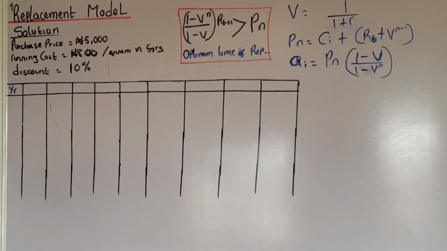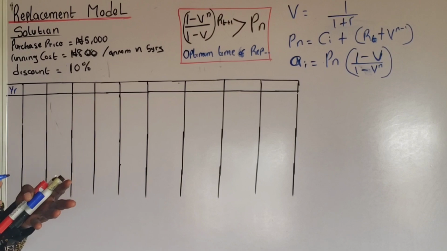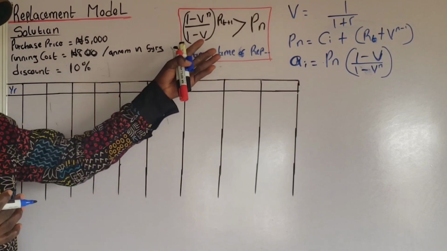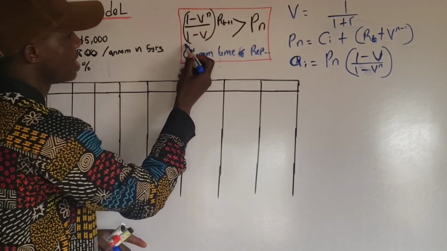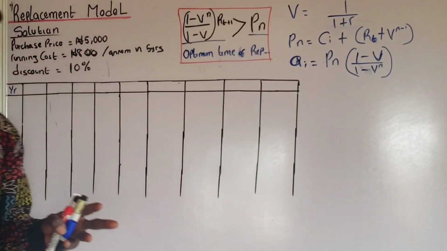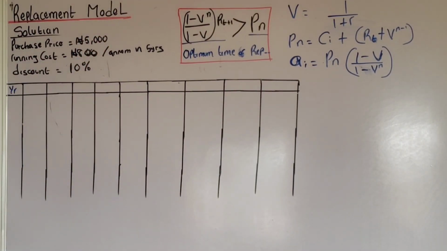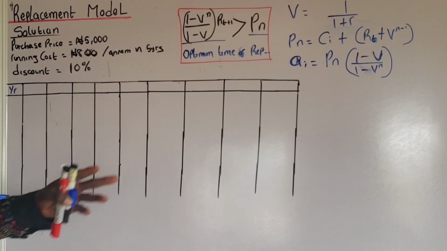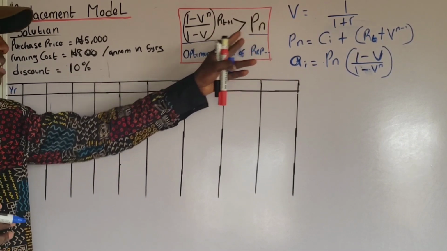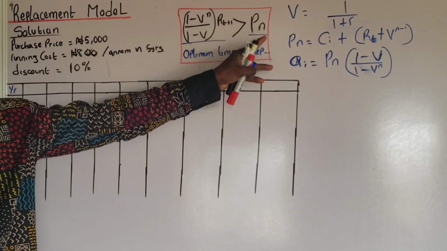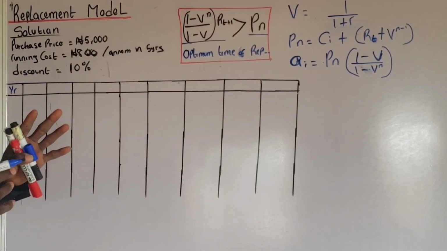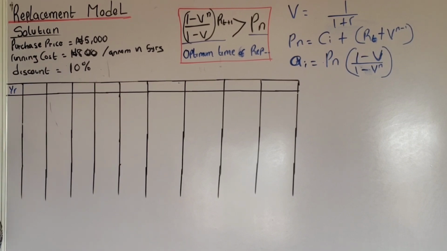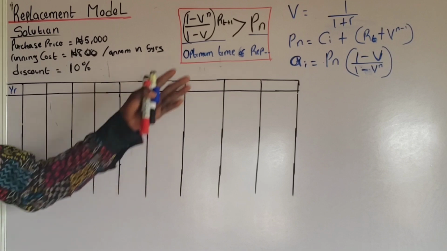If when I'm solving the question I discover that among those 5 years there is nowhere where this is greater than Pn, that means I'm still going to proceed to the 6th year, 7th year, until I get to that year where this is greater than the present value of the total cost. That year is the optimum time of replacement of that equipment. That is why I gave you the condition at first.